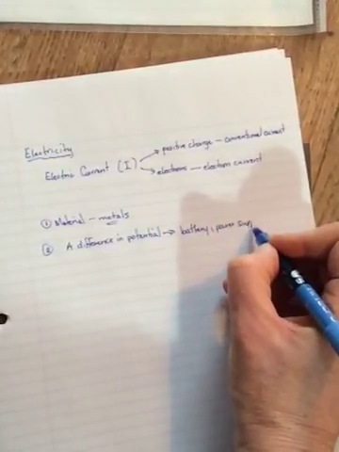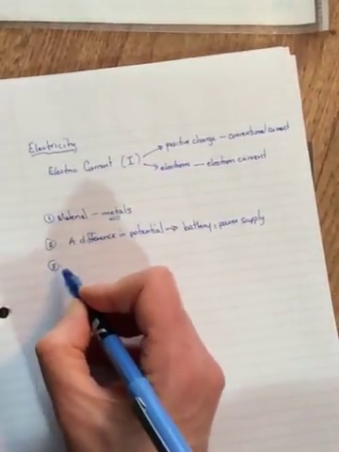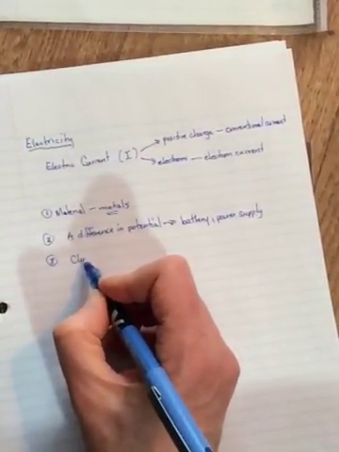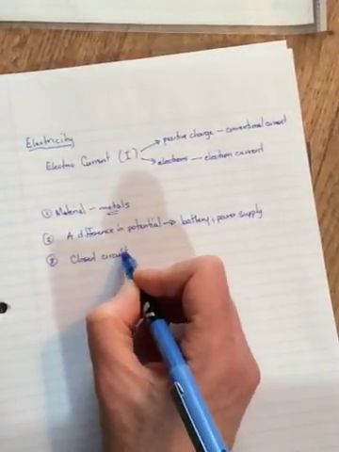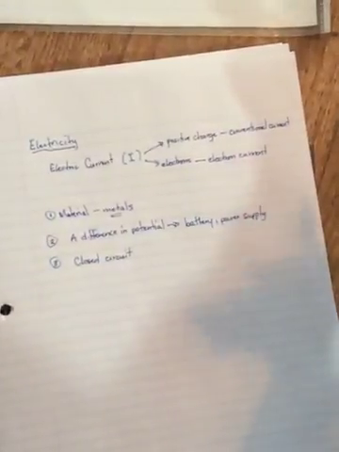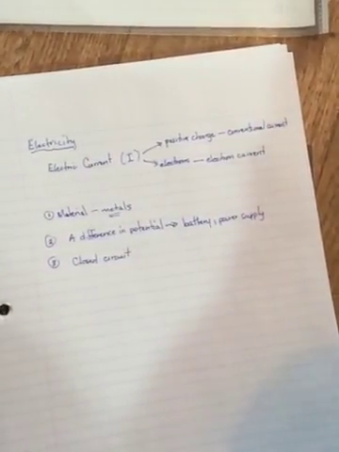Okay? That's what supplies our voltage. And then the third thing you need to get current to flow is a closed circuit. If you don't have a closed circuit, nothing will flow, even if you have a battery. So when you turn on a light, what you're doing is closing the circuit.